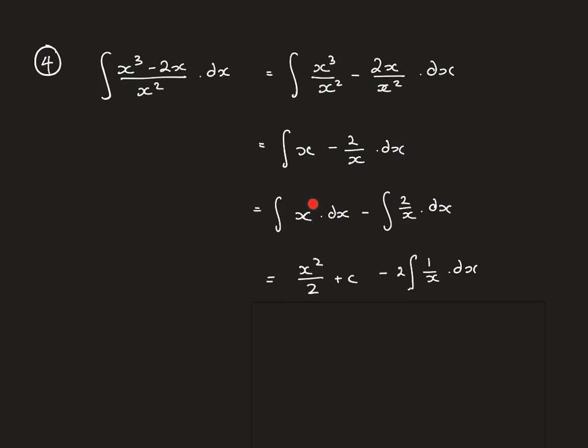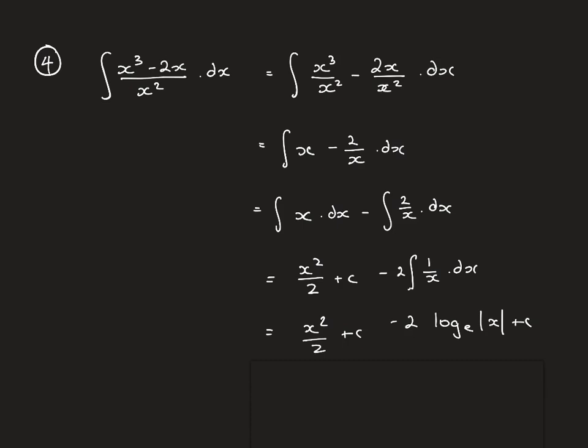So increase the power by 1 to make it x squared and divide by the new power. And then this one here, we've got a 2 on the top. If we bring the 2 out the front, we've got the integral of 1 on x that we know becomes our log function.